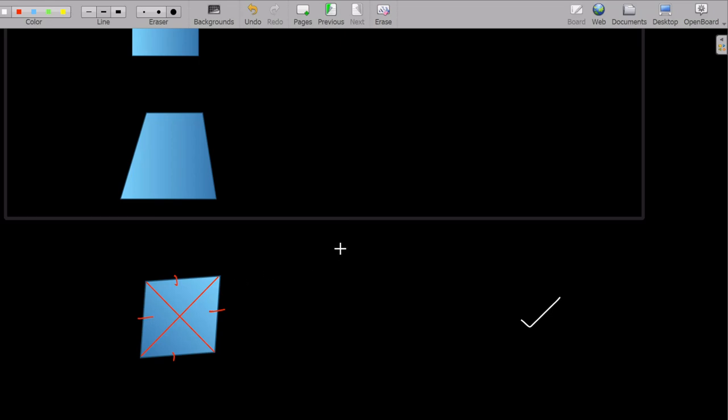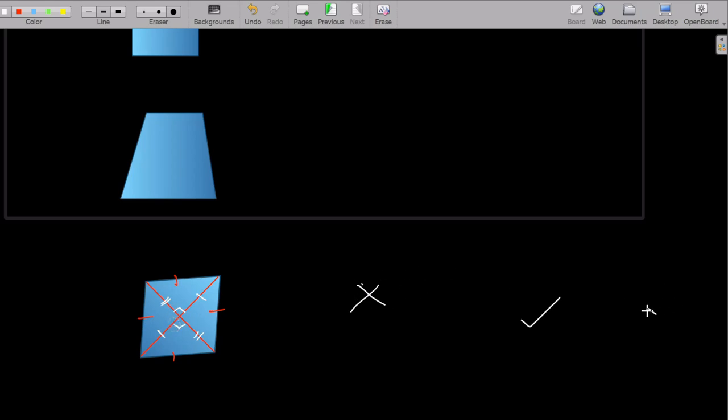Are you sure? Actually, no. If you draw a really slim one, they will not. Yes, in a rhombus they will not be equal. They will not be congruent, but they will bisect each other, and they will bisect at 90 degrees.